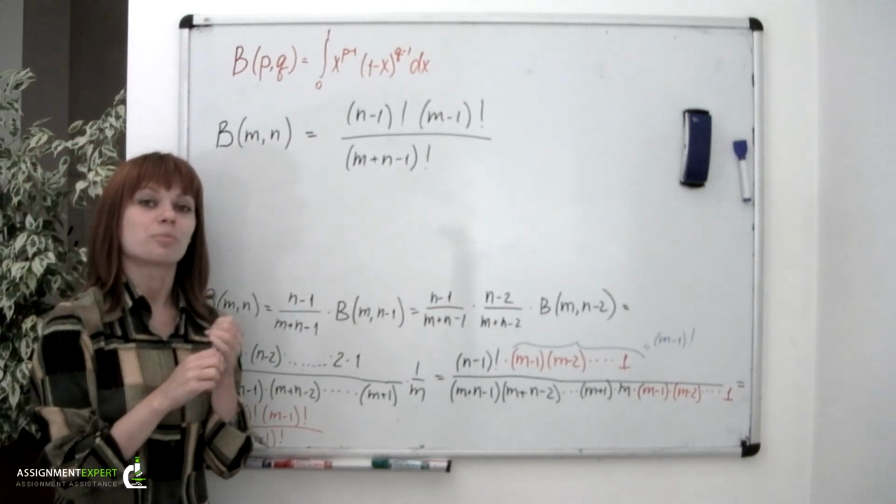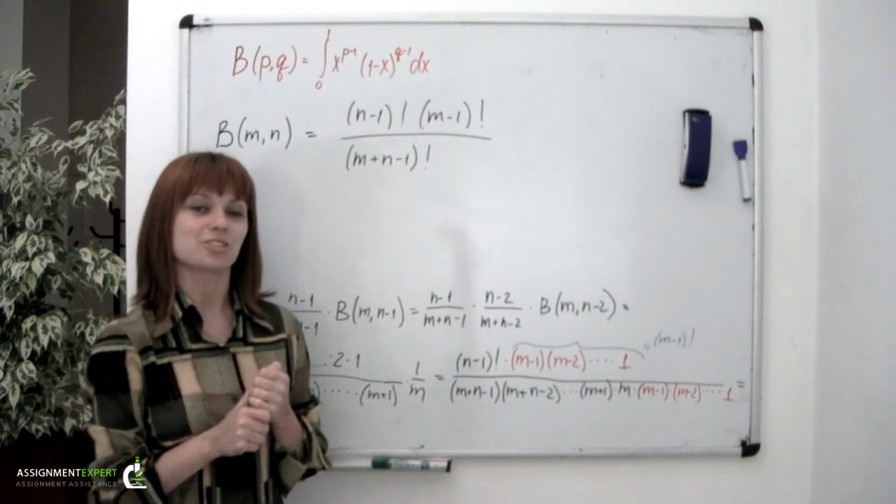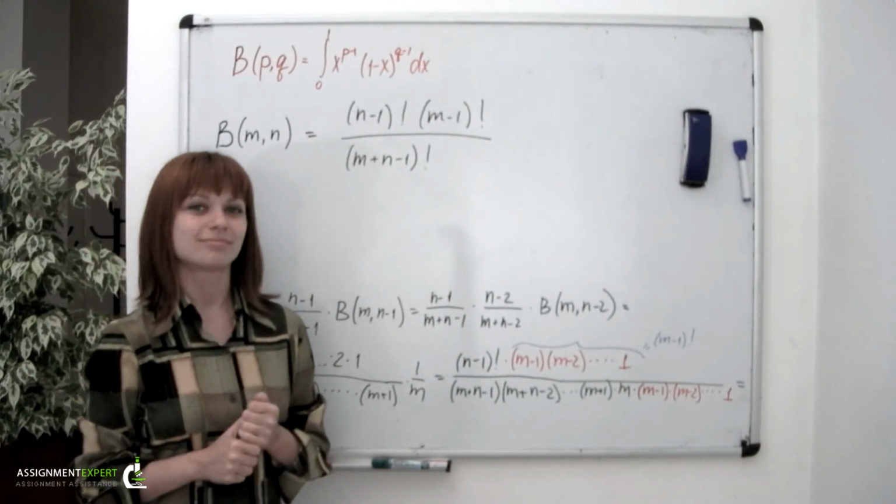And these are the main properties of beta function. The next piece will be dedicated to gamma function and its properties. Enjoy!